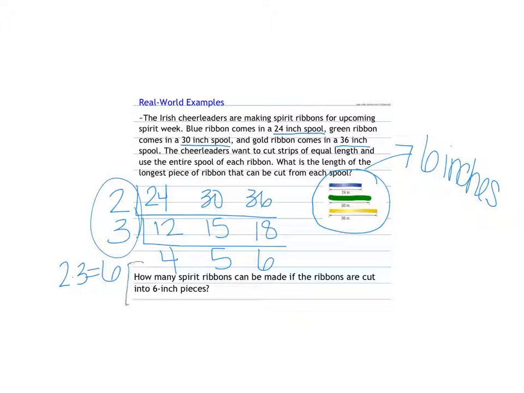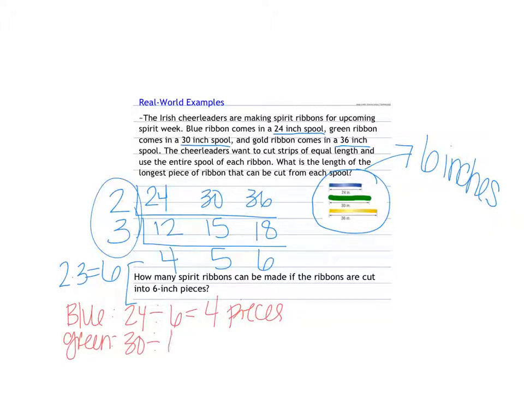And then it says how many spirit ribbons can be made if the ribbons are cut into 6-inch pieces. So if my blue spool is 24 inches and I divide it into 6-inch pieces, I know that that's going to get 4 pieces. My green is 30 inches divided by 6, so that's going to give me 5 pieces.